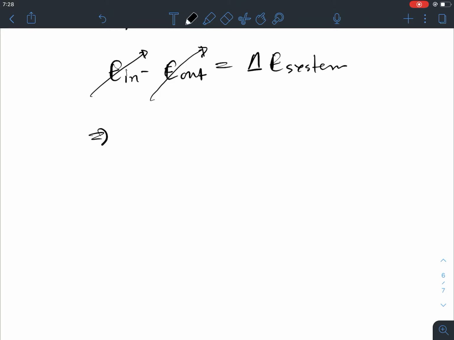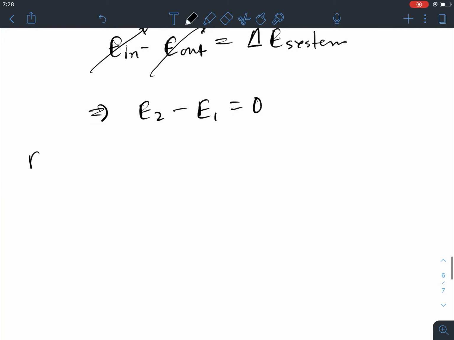So basically there is no incoming, no outgoing, so the total change of the energy of this system is equal to 0. So E2 minus E1 equals 0.